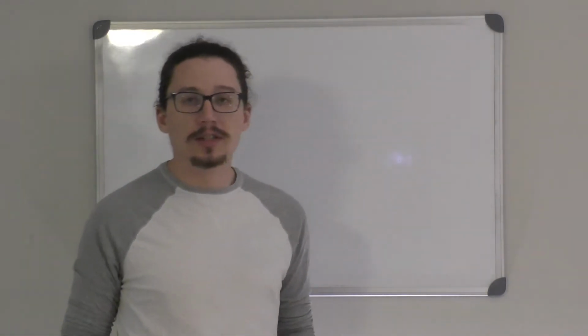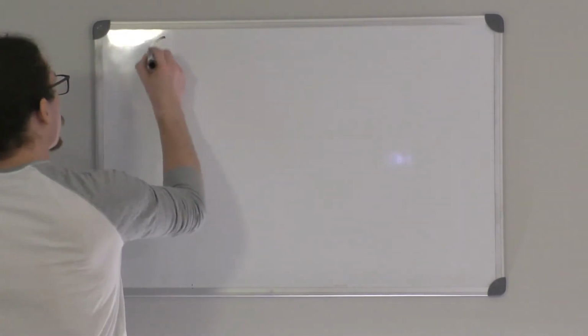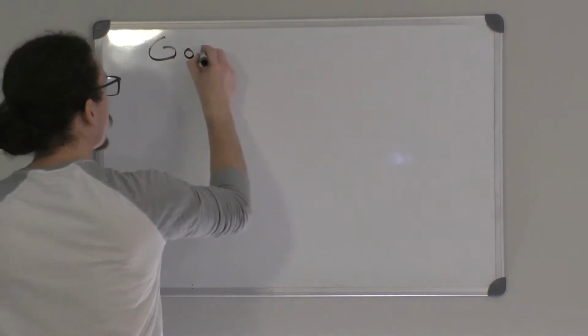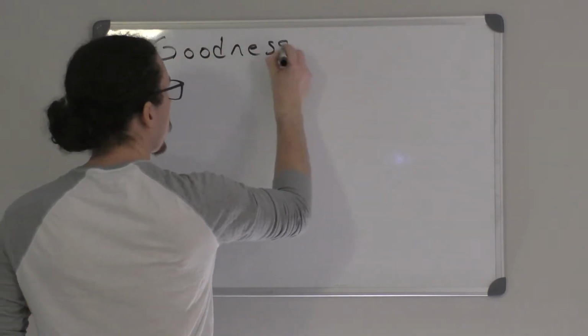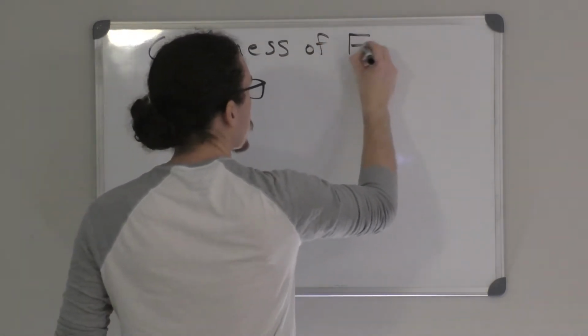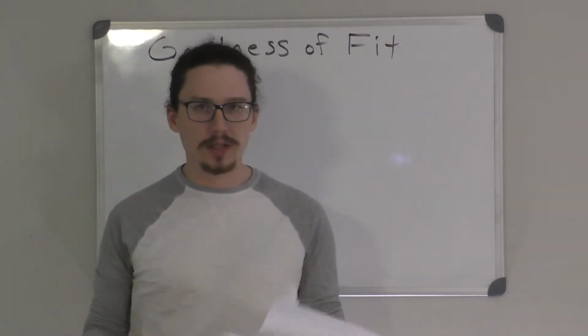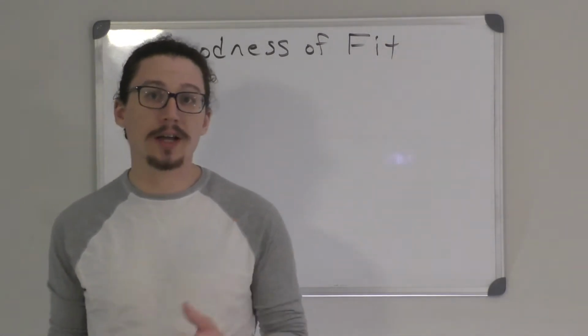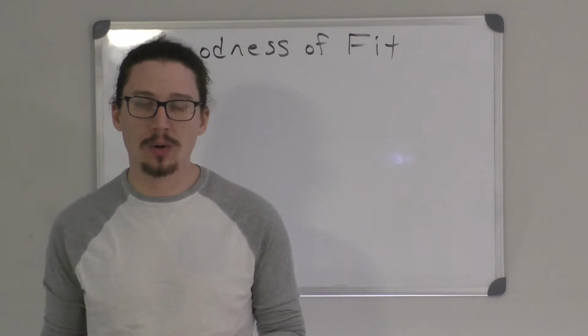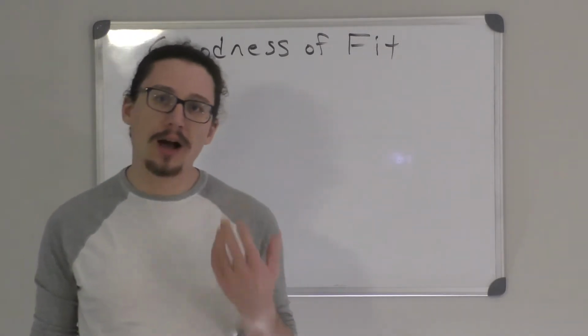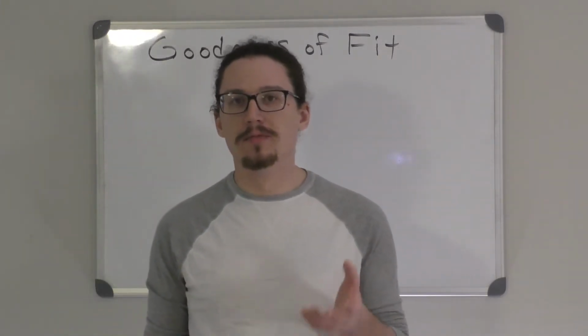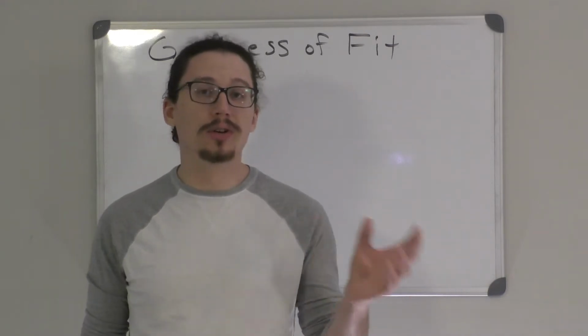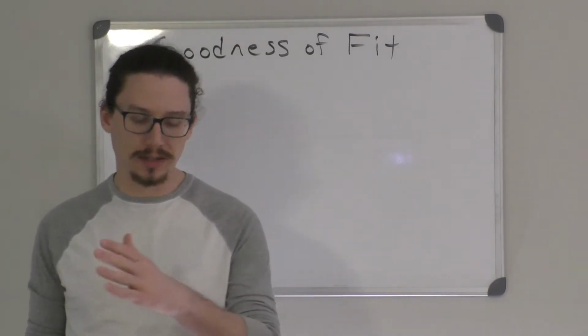The next thing that we're going to look at is goodness of fit. This is one of the ways that we're going to evaluate the regression as a whole. Goodness of fit, we're going to see how well this data fits, or how well the regression fits the data, really. That's the way it's going to go.